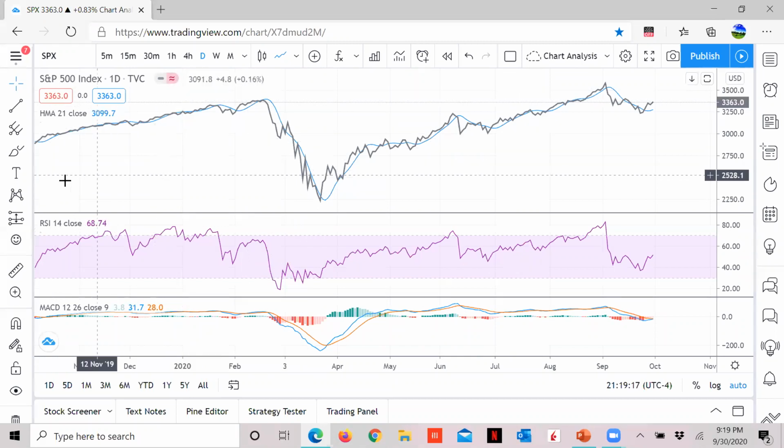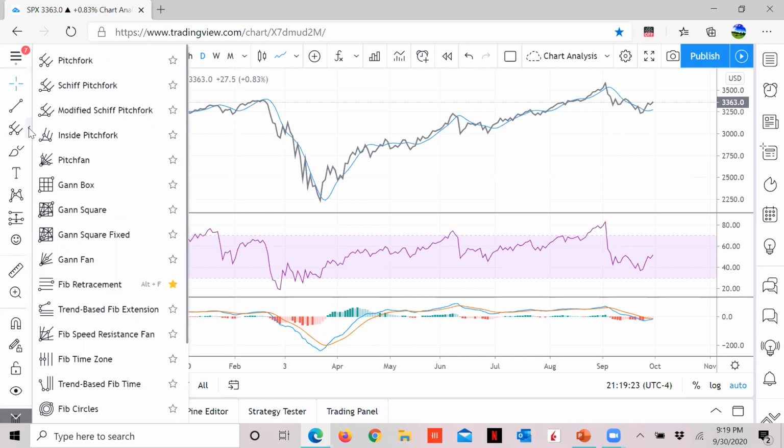So on your TradingView, come to this, click on the small arrow that you see, Gann and Fibonacci tools, go to Fibonacci retracement.